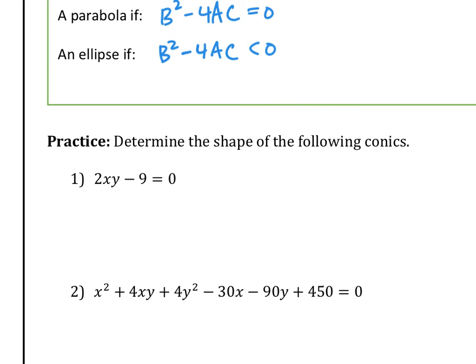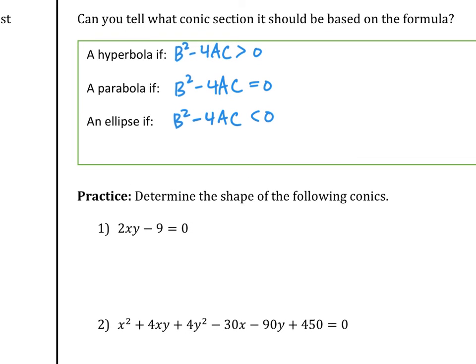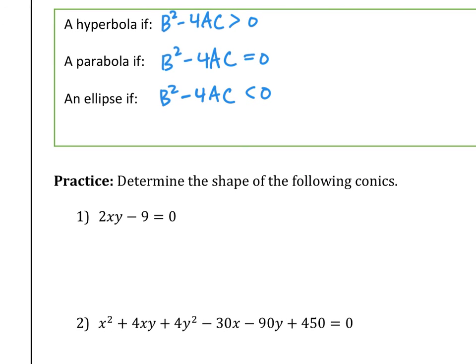For example, let's look at this. We're checking b squared minus 4ac. Now, where do a, b, c come from? That comes from ax squared plus bxy plus cy squared, and then we have dot, dot, dot, but we're not going to use it in the formula anyway. Okay, so in this case, 2xy minus 9.